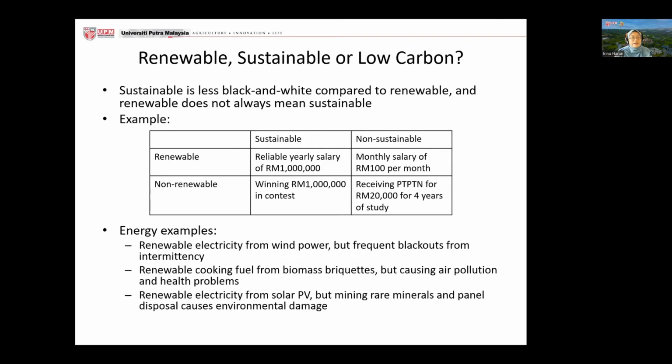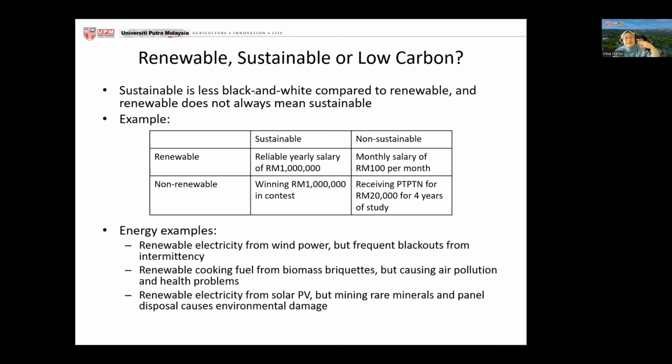And these terms are sometimes used interchangeably, but are they similar? Renewable, sustainable, or low carbon? Okay, so sustainable is actually less black and white compared to renewable, and renewable does not always mean sustainable.